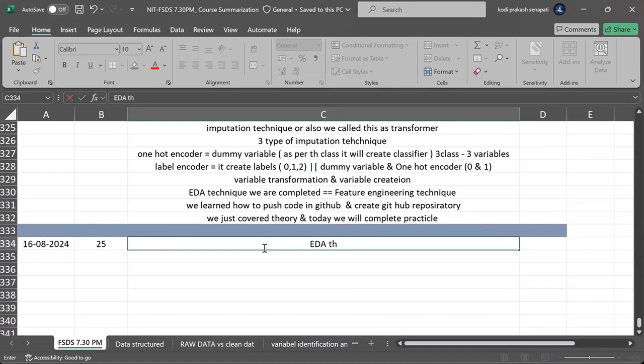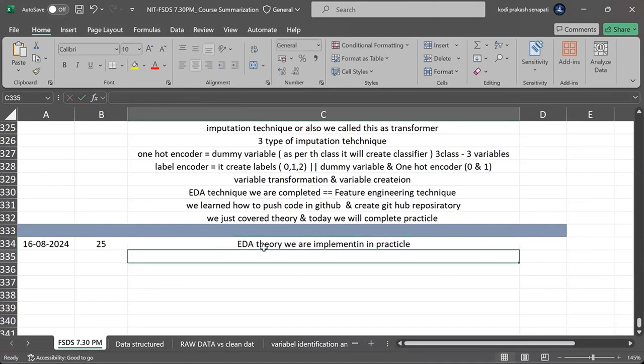The theory we are implementing in practical. All right. We learned about data cleaning.